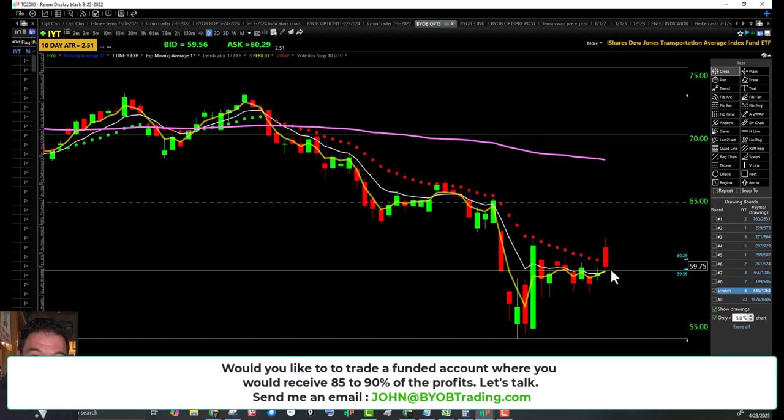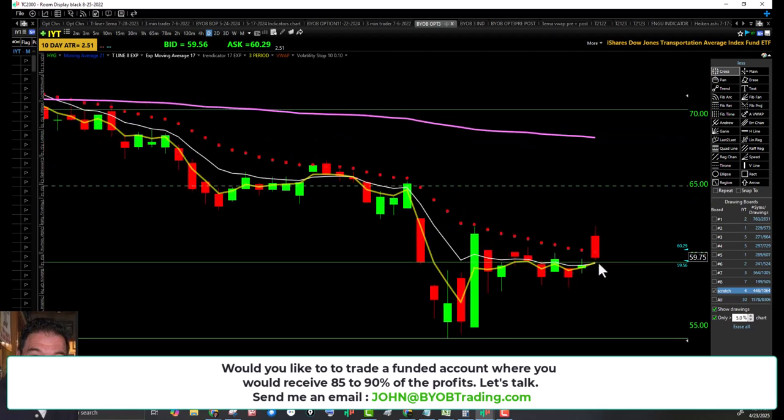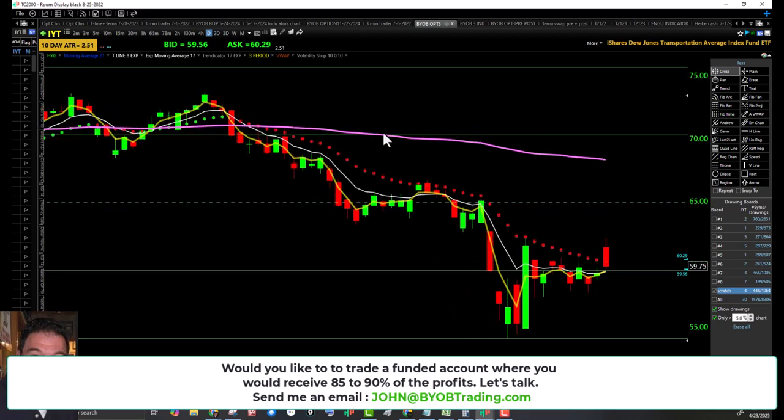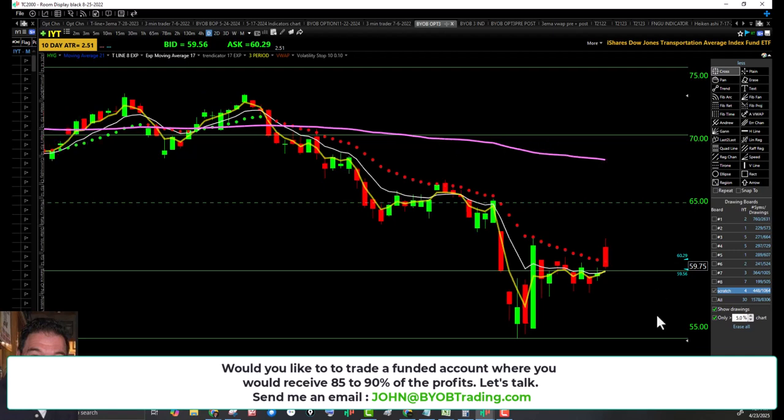IYT got a lower high, no, excuse me, back up. Higher high, higher low, closing over a bullish cross, but under the falling 17, that's the red dots. Under the all-time high anchored VWAP, that's the pink line right there. Under the midpoint down here in the lower third, quadrant 1.